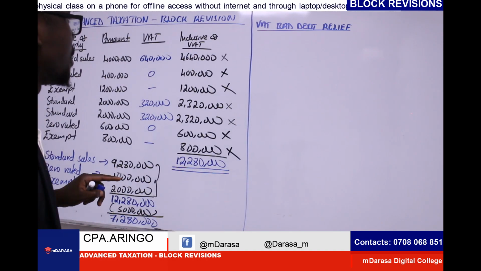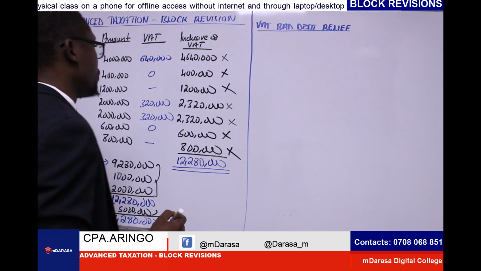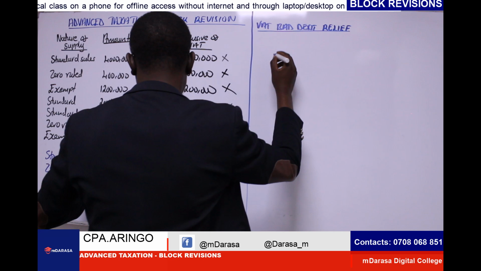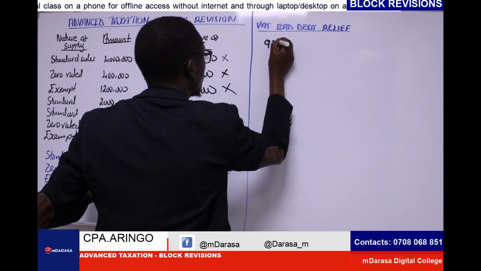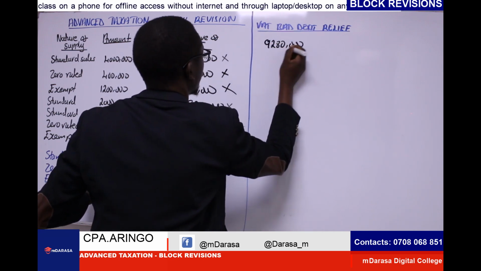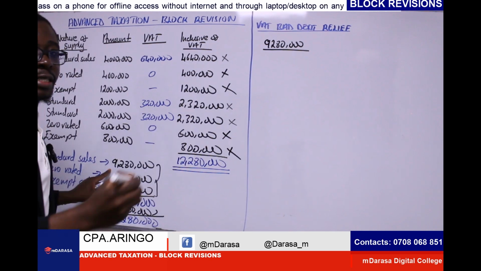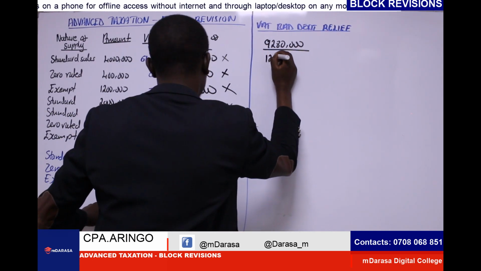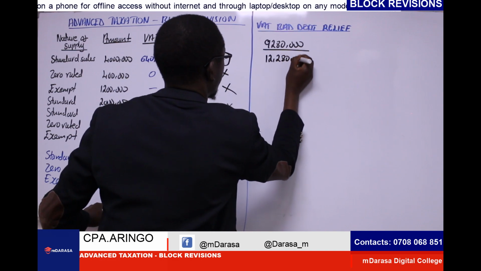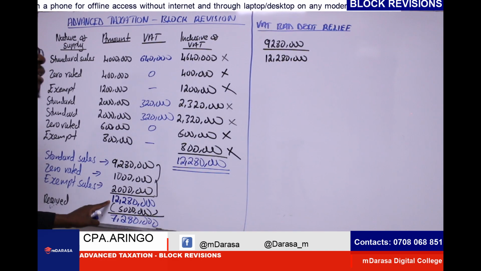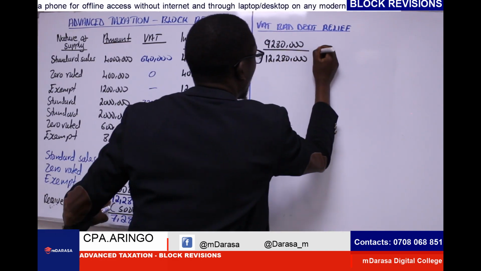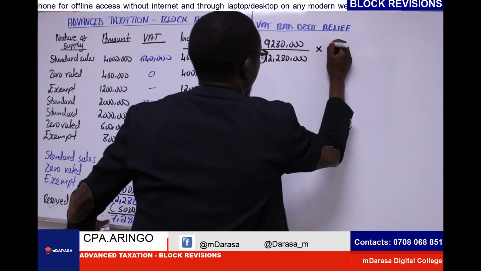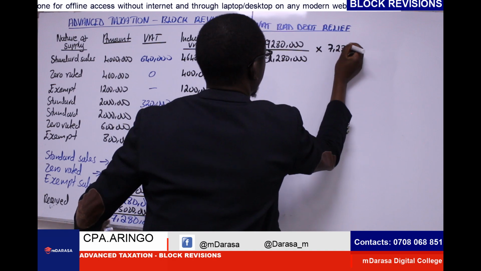So how do you determine that proportion? The proportion will be the total standard sales, we've seen it is 9280, of our total sales, we had a value of 12,280,000. Okay, times how much had we not been paid? We had not been paid the value of 7,280,000.